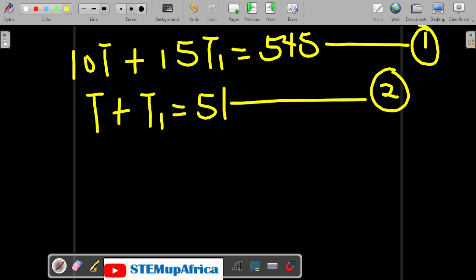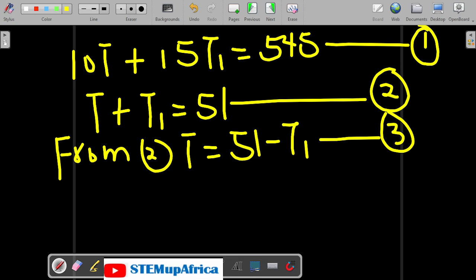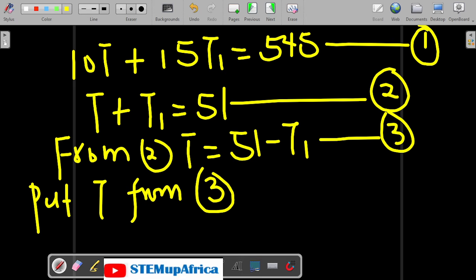We are looking for the overtime, so I can make the ordinary time the subject of the formula. From 2, T is simply 51 minus T1, equation 3. So put T from 3 into 1.